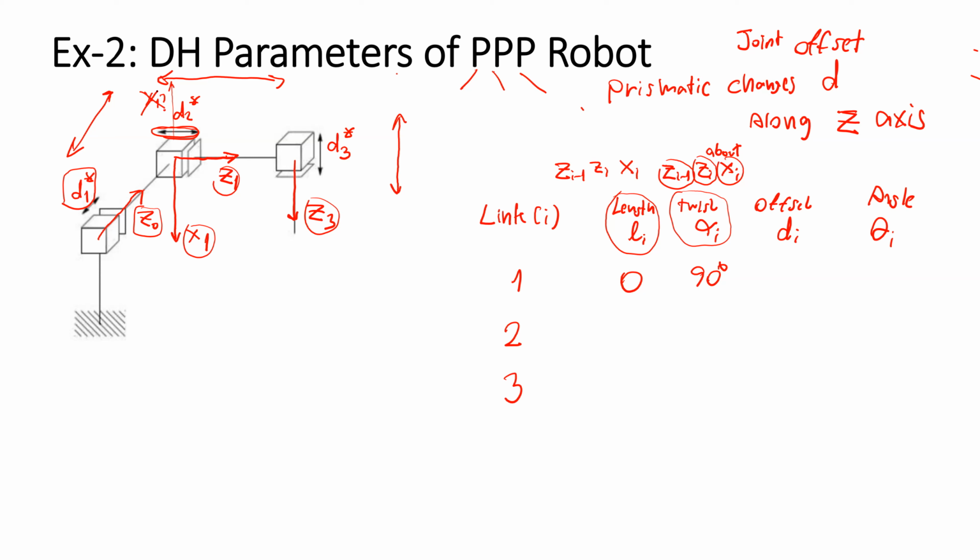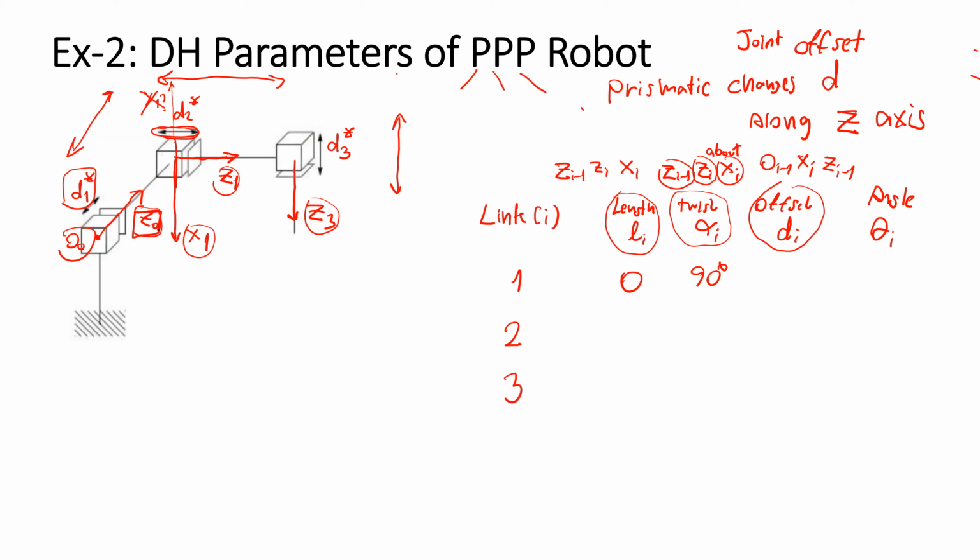And the offset is the distance from O0 to x1 along Z0, that is, along C_{i-1}.